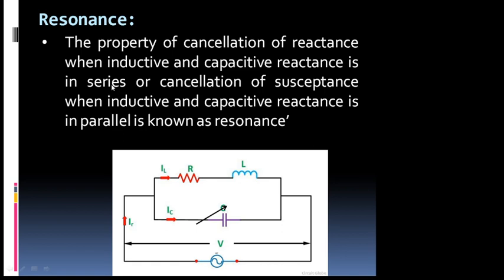If they are in series, the inductive and capacitive reactance cancel. And the cancellation of susceptance happens when inductive and capacitive reactance are in parallel. When these two are in parallel, the susceptance cancels, that is YL and YC. Okay, so with this fundamental we can proceed.